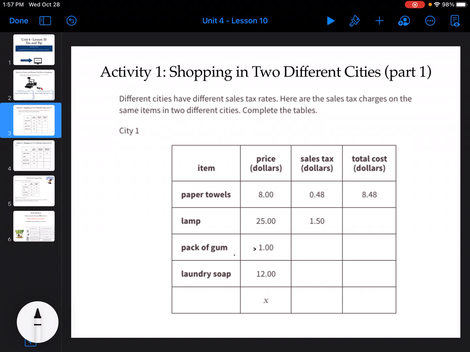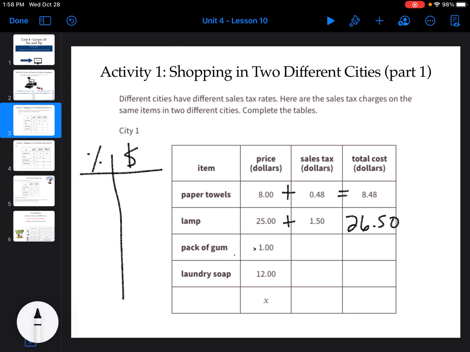So the way you deal with sales tax is you take your price, you're going to add the tax, and that's going to equal your total cost. So if I add the price plus $1.50, it's going to be $26.50. So if I want to figure out what the sales tax is, I would set up a table, and I would say 100% is $8.